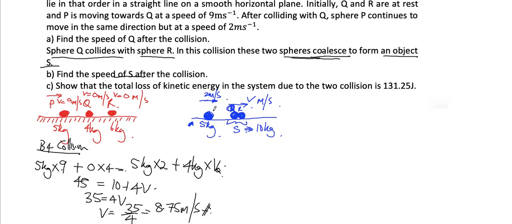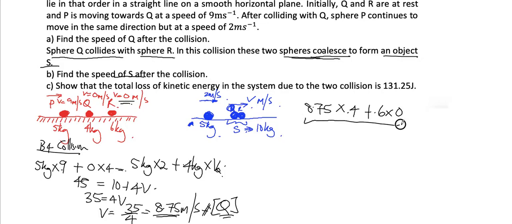Q was moving at 8.75, this is the speed for Q, before the collision with R. So 8.75 the speed, multiplied by the mass, which is 4 kg, plus R, which was 6 kg, but since it was stationary initially, I just have to take 6 times 0.